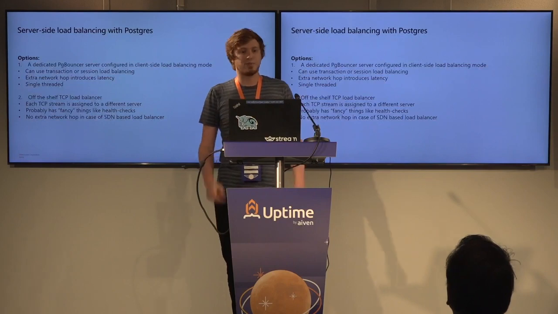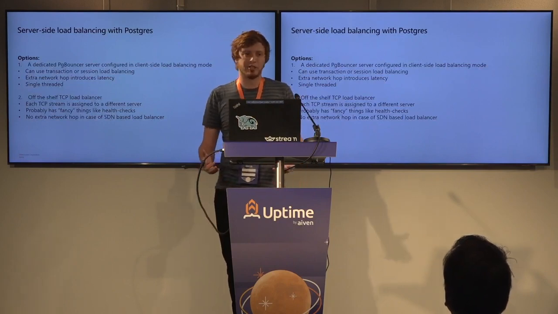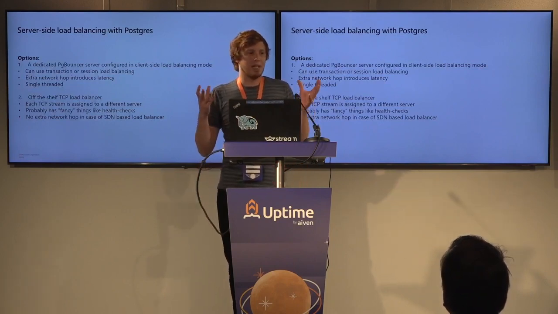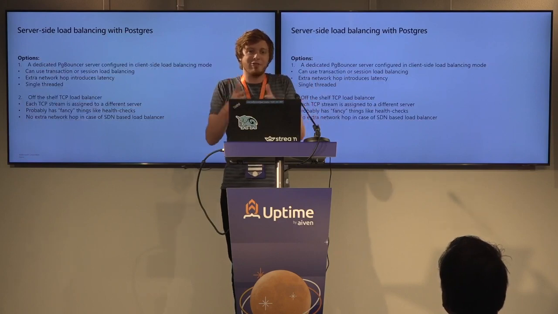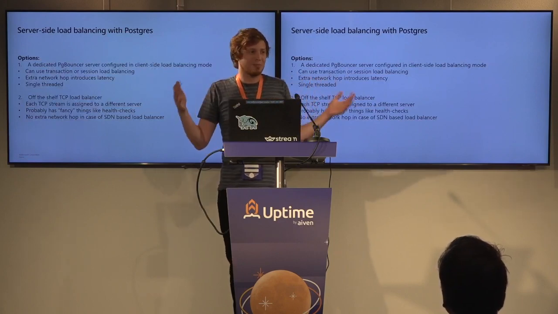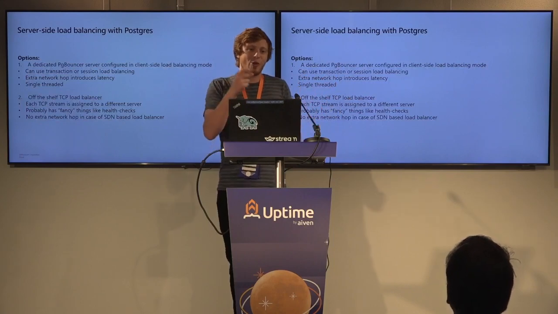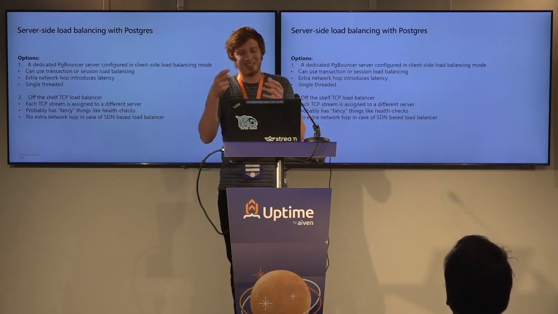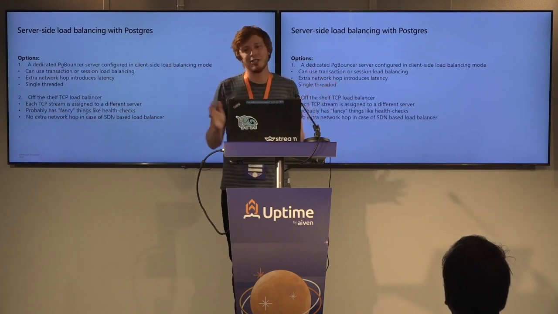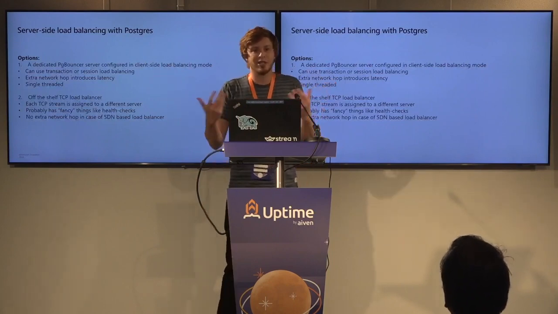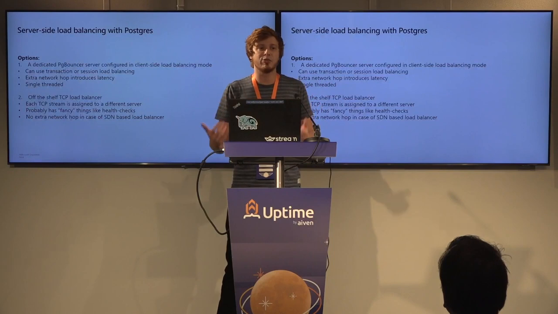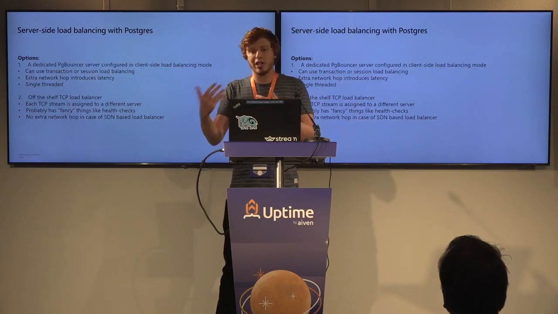And an even bigger problem is that PgBouncer is single-threaded. So you can imagine that if you have a problem that one Postgres server is unable to handle your load, then one core might have a problem handling all this traffic, even if it's just forwarding the queries. Because that's fairly simple, but it still needs to handle all the TLS encryption on a single core.